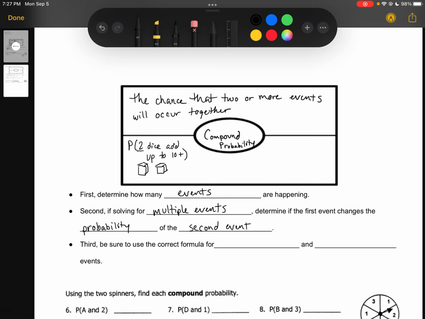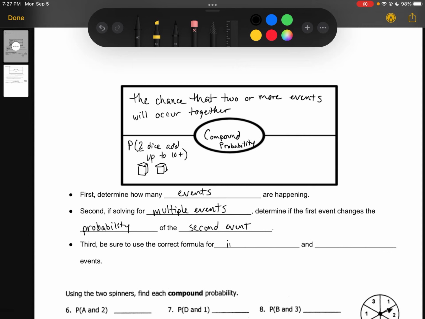In the case of our die, rolling one die and then rolling a second die, they're both totally independent of each other. There is no magnetic force that magically happens from rolling your first die that somehow changes what happens to the second one. So because of that, they don't change each other. They're just completely independently existing things.